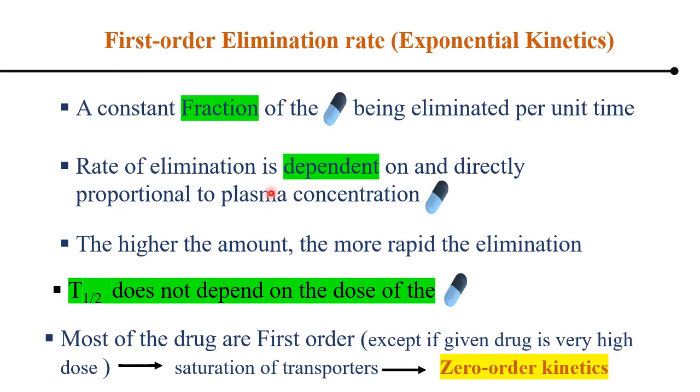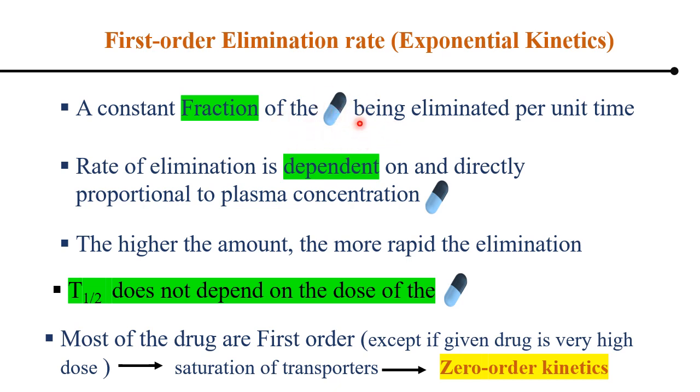First order elimination kinetics is also called exponential kinetics. In this, a constant fraction of the drug is being eliminated per unit of time. It refers to the phenomenon of drug elimination in pharmacology, where a fixed proportion of a drug is eliminated from the body per unit time regardless of the amount of the drug present in the body.